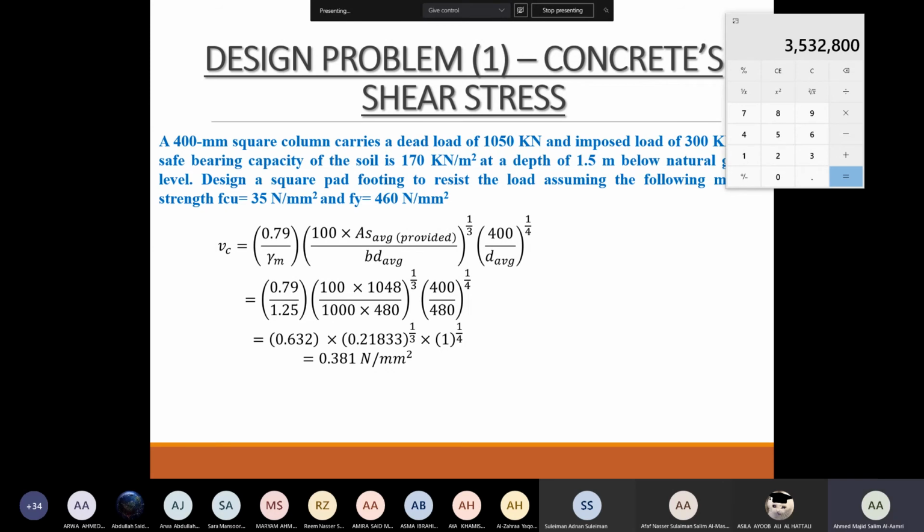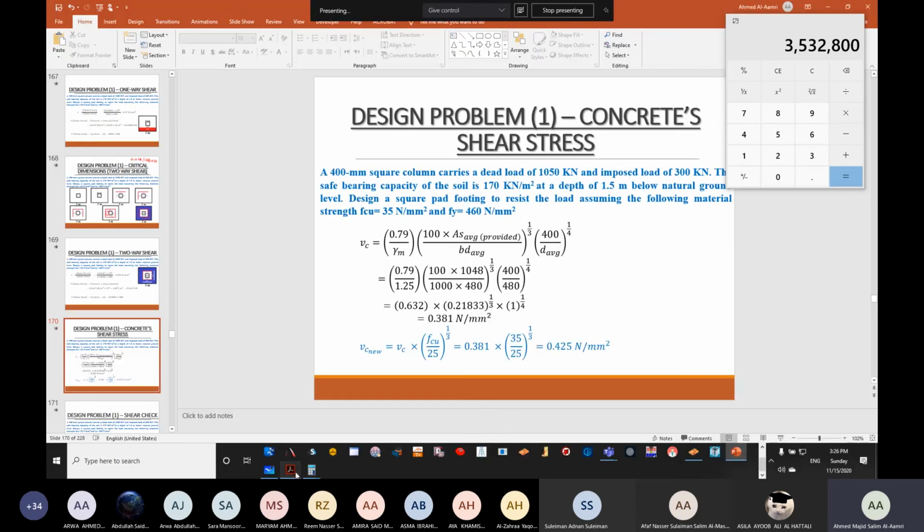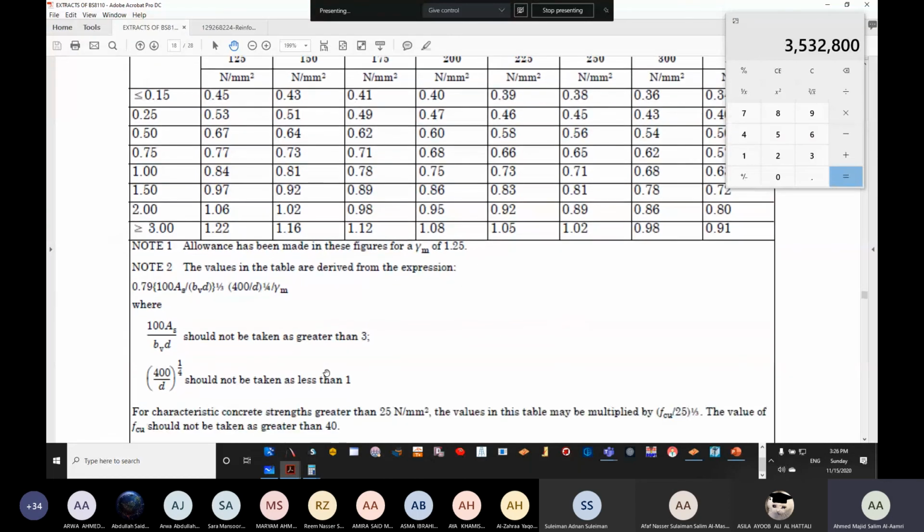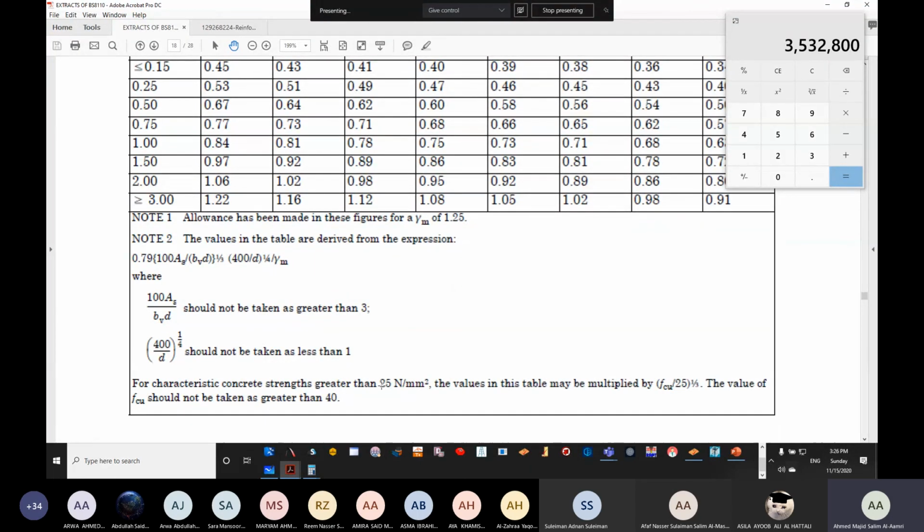Did we calculate for VC new, taking into account the grade of concrete in the slab, if you remember? Yes. Okay, so 0.381. So VC multiplied by (FCU divided by 25) to the power of 1/3. We have got it from here. For those who are asking from where we have got this one, we have got it from the code. Once again, the code says that for grades greater than 25, you need to multiply by (FCU divided by 25) to the power of 1/3.